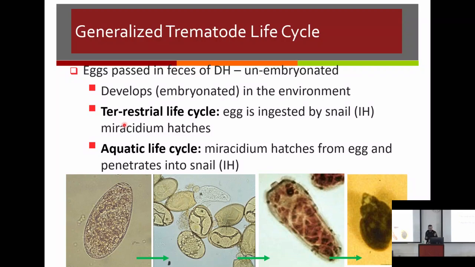The difference is the egg is digested by the snail, and then the miracidium hatches inside. So you can see this egg will be hatched with the miracidium, and this is the miracidium, and this miracidium then goes into the snail. So this is how the life cycle will look like.